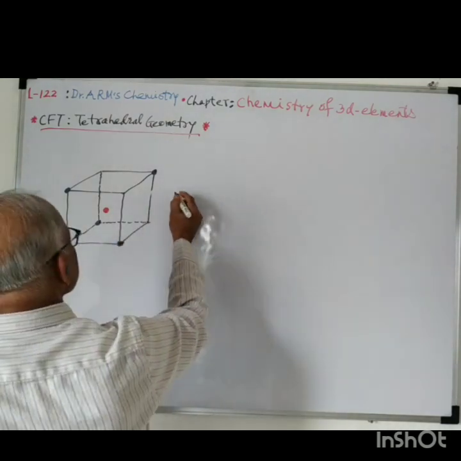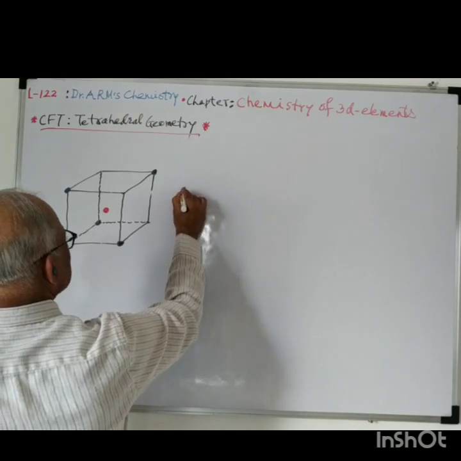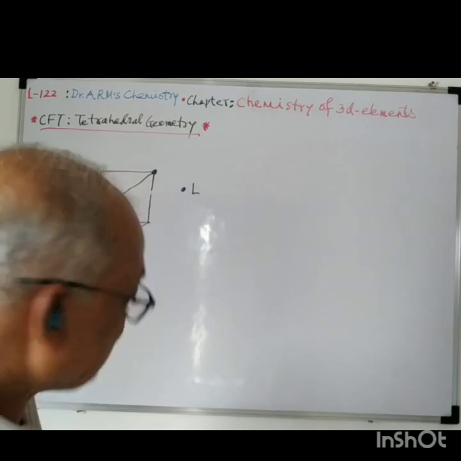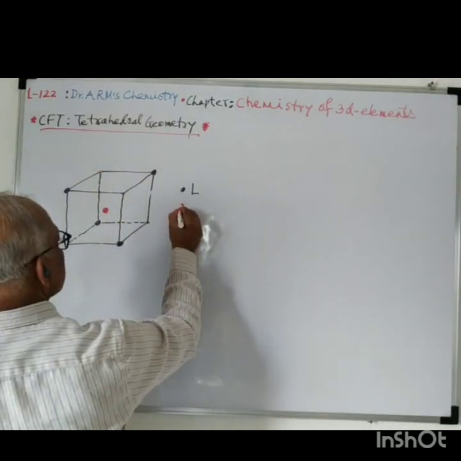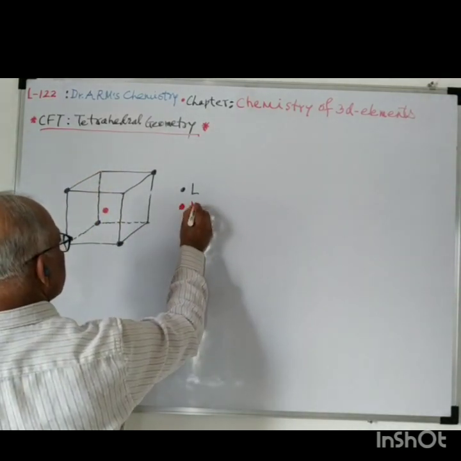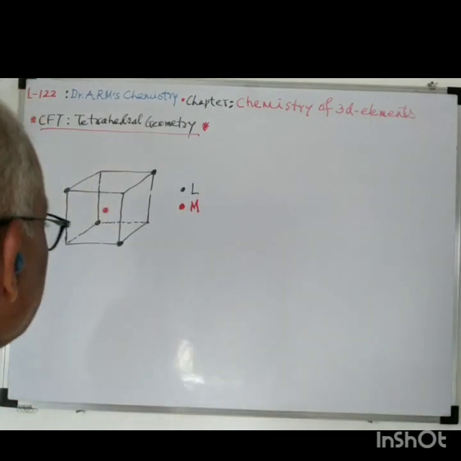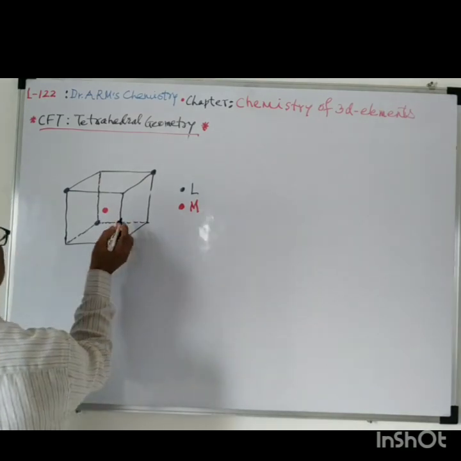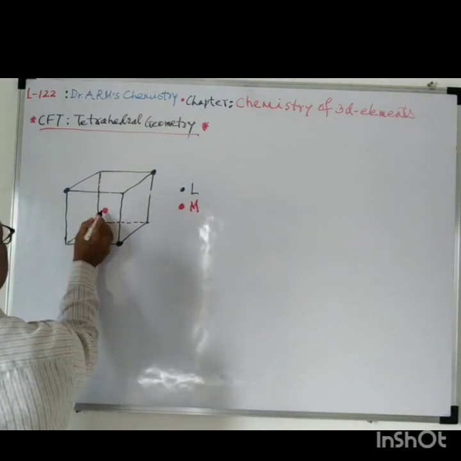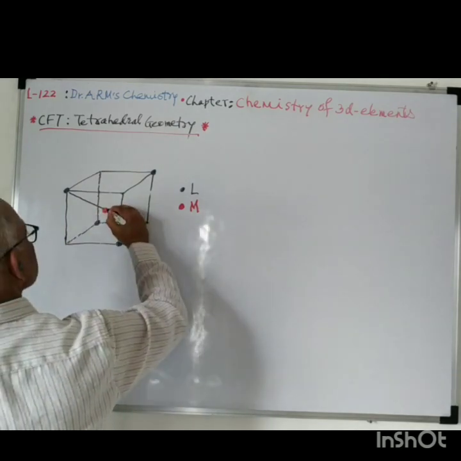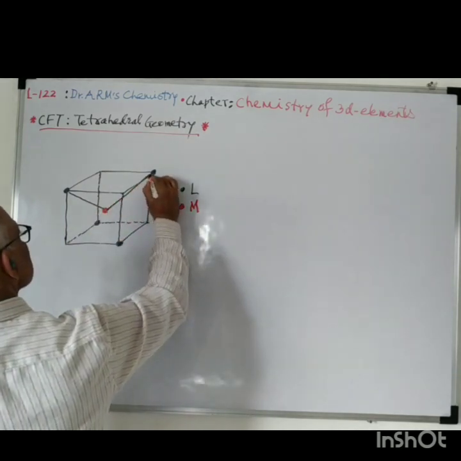So these represent ligands, and this central metal ion is represented in the red circular form, and we can show the structure in this way. So the metal ion has bonds like this.